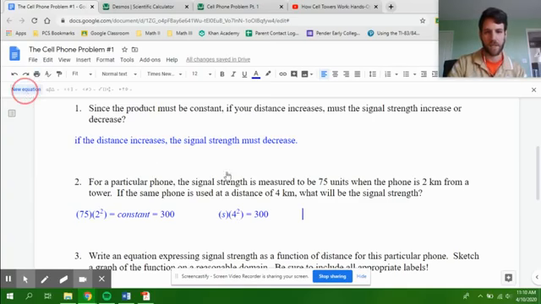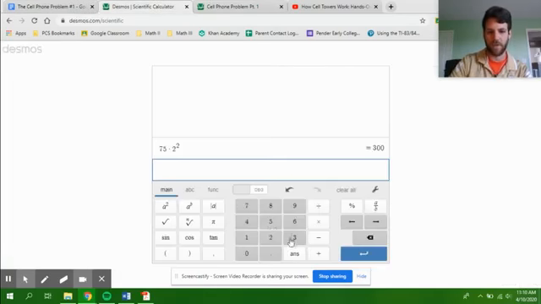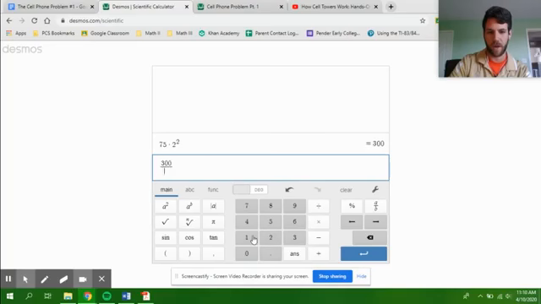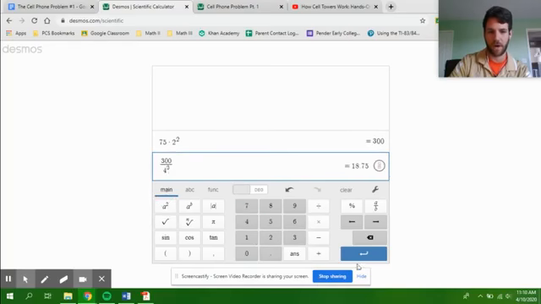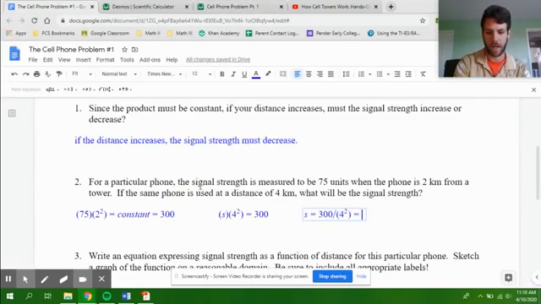That gives us an equation of S being equal to 300 divided by 4 squared. Let's check what that equals. We have 300 divided by 4 squared, and 18.75 is our answer. 18.75 would have to equal our signal strength.